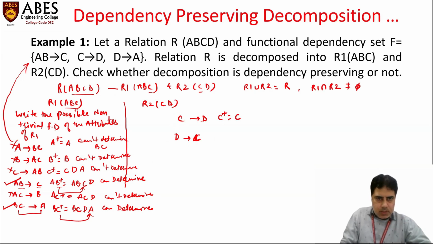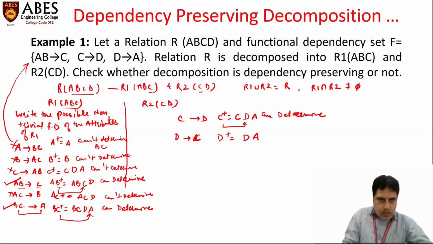From C, we can determine C. From C to D, D to A. So from C to D, we can determine. Now take the attribute closure of D. From D, D to A. From A, we cannot determine anything else.